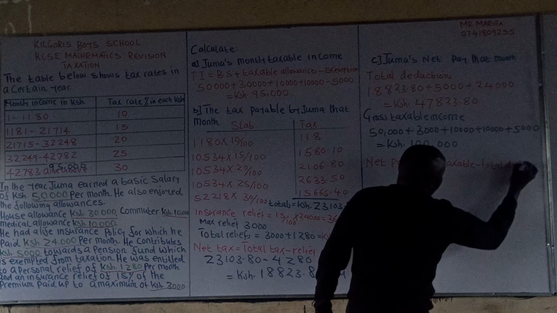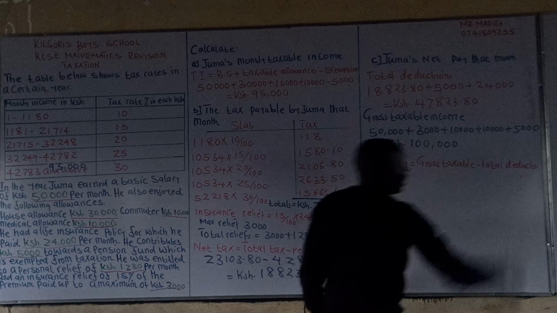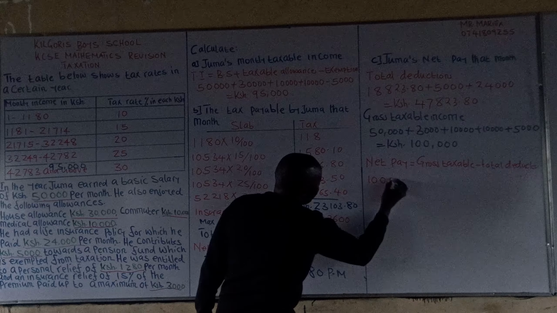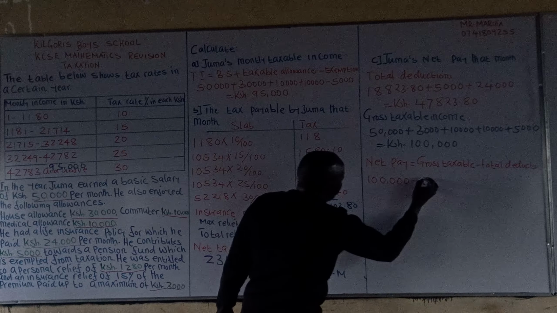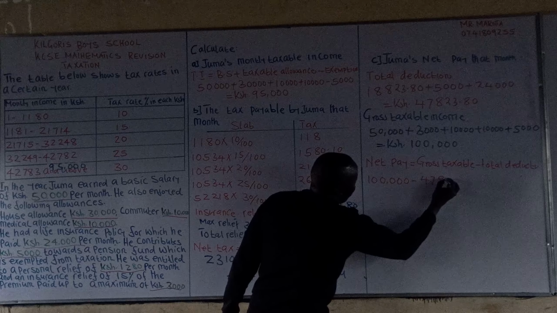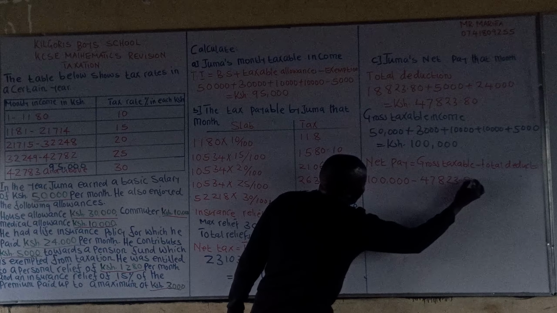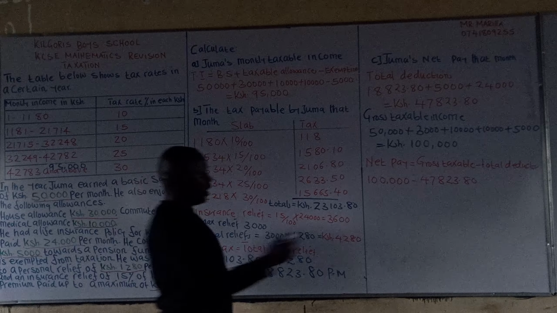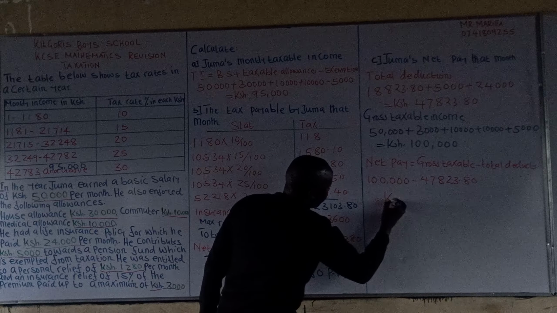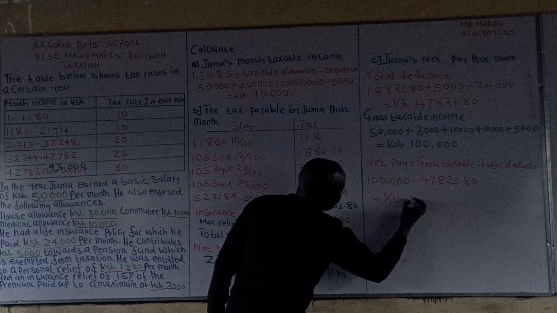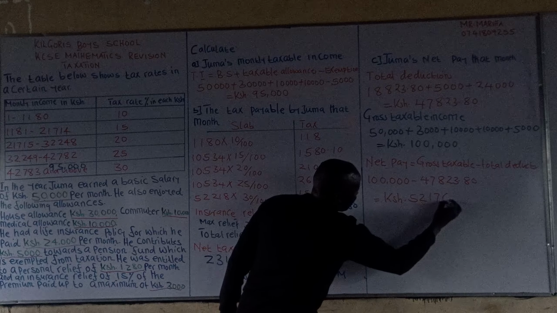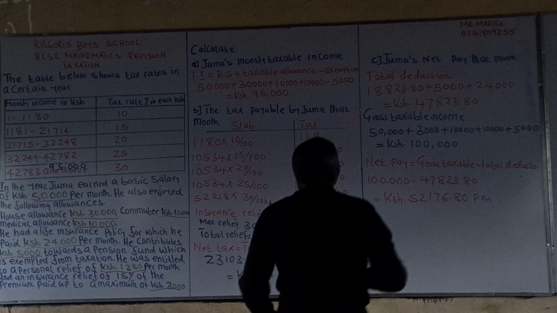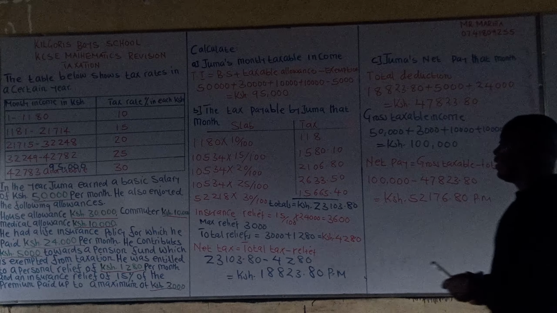That one will be 100,000 minus 47,823 and 80 cents. And that is now you get 52,176, so that one will be equivalent to Kenya shillings 52,176 and 80 cents per month. This is the net pay per month.